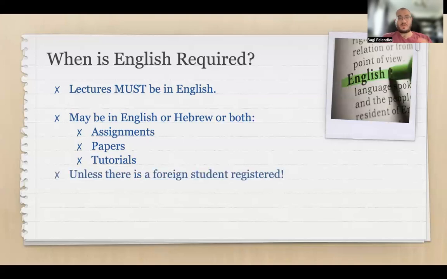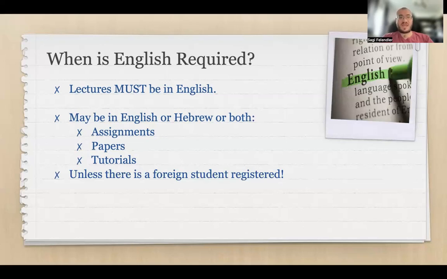However, there is one caveat, and that is foreign students. One of the catalysts for the reform is the desire to have more foreign students join the university. And if you have a foreign student in class, meaning a student who probably doesn't speak Hebrew at all, then all of these choices do not apply.